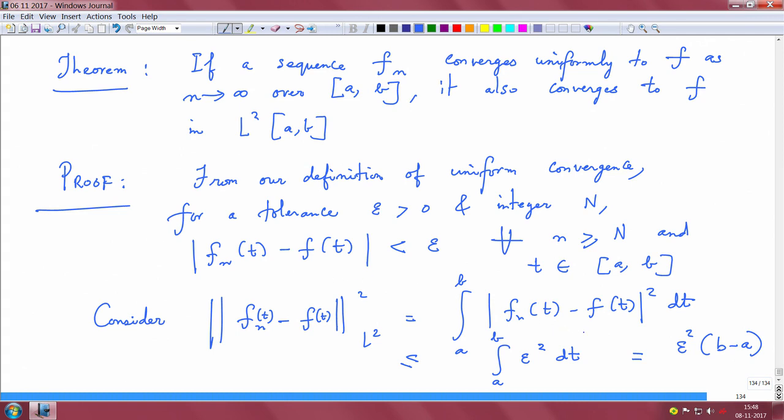If it was pointwise, then we would have difficulty, because for every point I would have to choose some epsilon which depends on the point, and then I have to look at some series, a summation of various such tolerances, and I might not be able to simplify it in this form, right. So, this is easy now with uniform convergence.